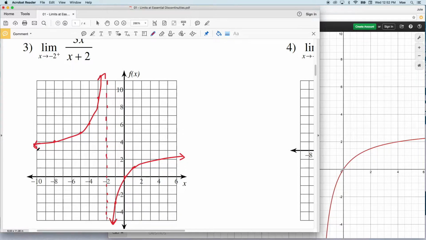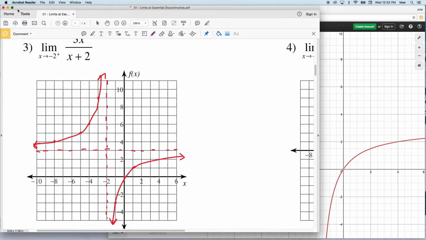And I have a horizontal asymptote at f of x equals 3. A horizontal asymptote is similar, except in the case of horizontal, as x approaches either infinity or negative infinity, our function approaches that value.